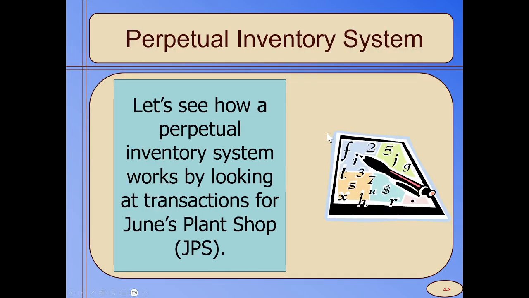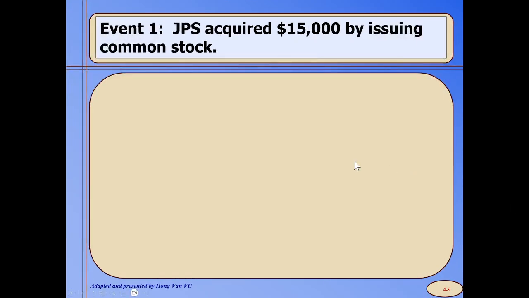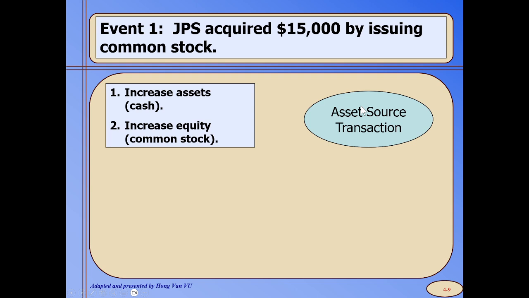Let's see how the perpetual inventory system works by looking at transactions for June's Plant Shop. So we have event number one. June's Plant Shop acquired $15,000 by issuing common stock, right? So this transaction increases the cash assets account and increases the common stock equity account.